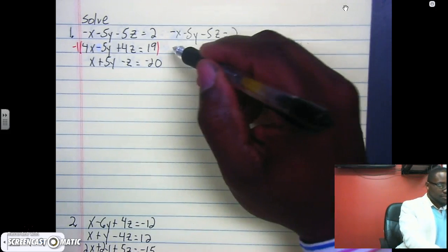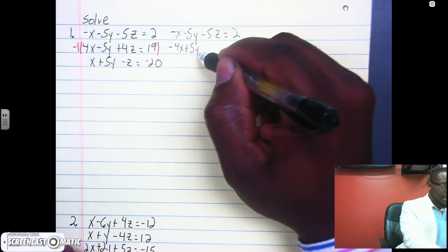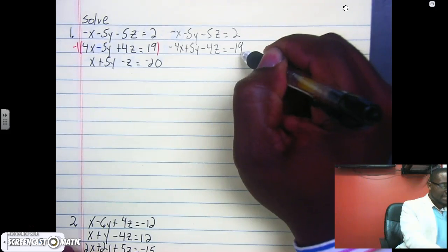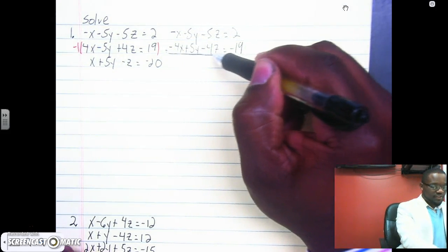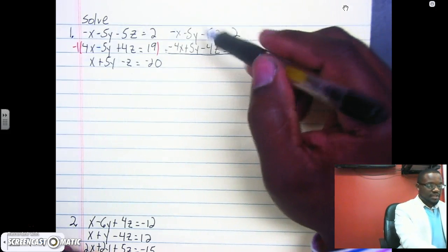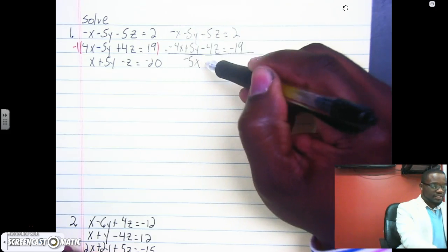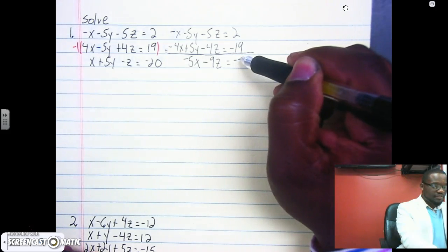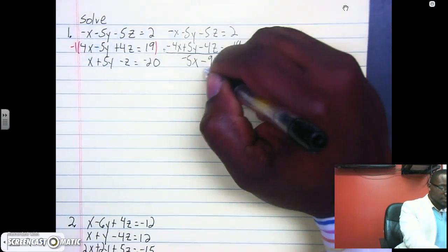So if I multiply this equation by negative 1, I get negative 4x plus 5y minus 4z equals negative 19. Okay? Now I go ahead and add the 2 equations together, and notice what happens. I get negative 5x. My y's cancel out just like I like, and you get negative 9z equals negative 17. I almost messed up. Negative 17.